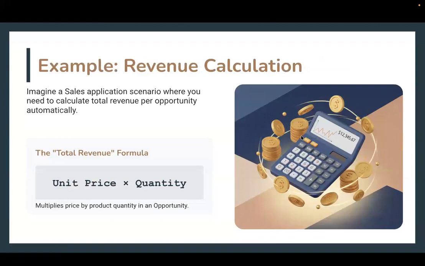Let's take total revenue. What is meant by total revenue? How many products you have sold, unit price multiplied by the quantity, will give you the total revenue you got.